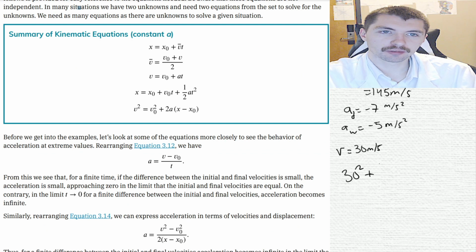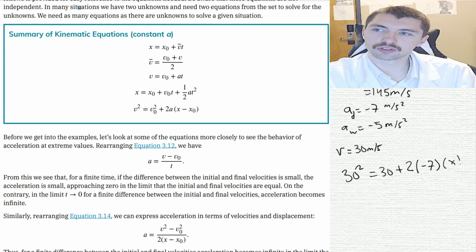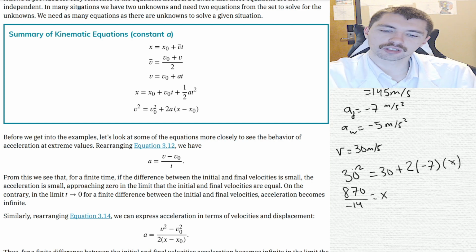We don't know time. Okay, I'm going to say 30 plus 2. Let's just do the dry first. Let's say we start at 0, so this 2x. So it's going to be 870 divided by negative 14. It's x.